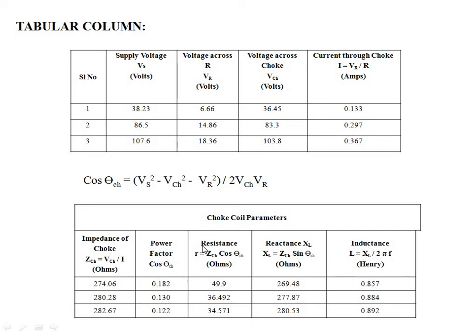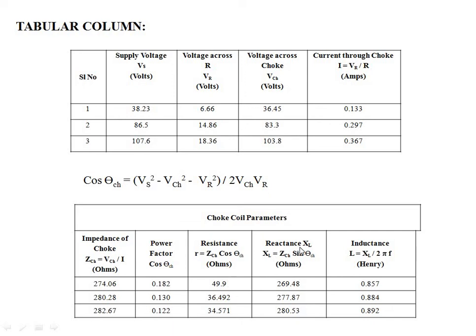Now the choke coil parameter, that is the resistance, is got by computing ZCH, that is the impedance of the choke coil, into the power factor of the choke coil.